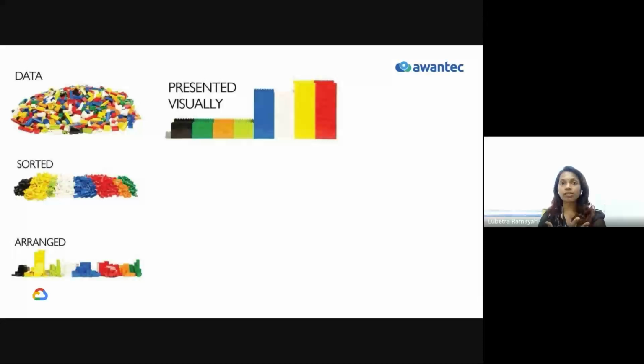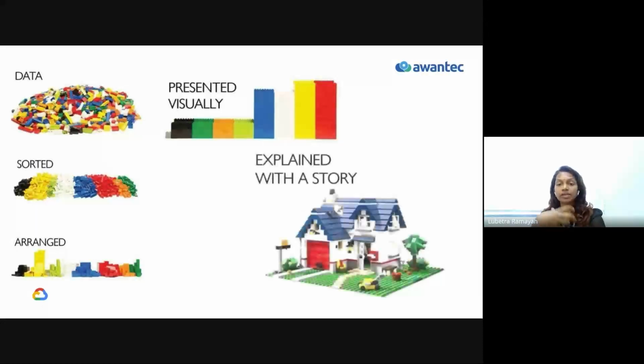Lepas buat reporting, the final step is to explain with the story. That's where your storytelling comes in. From the data that you have collected, you are actually creating a story out of the data. So how do you create it?